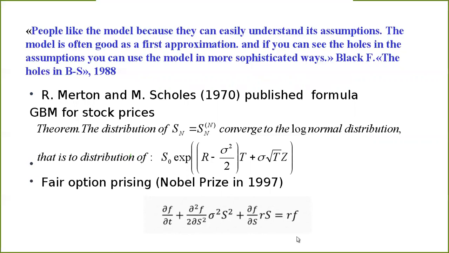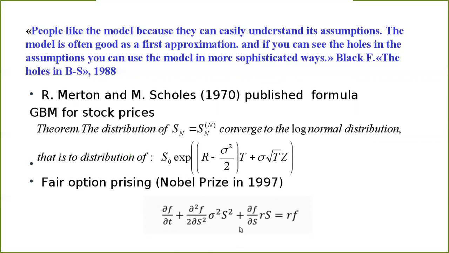Black and Scholes used this equation, where f is the fair price of any derivative, and the initial condition and boundary condition define what kind of derivative this is.